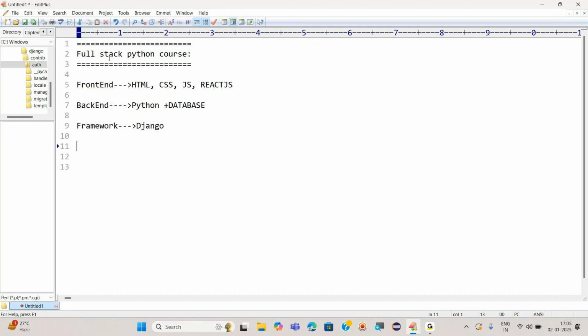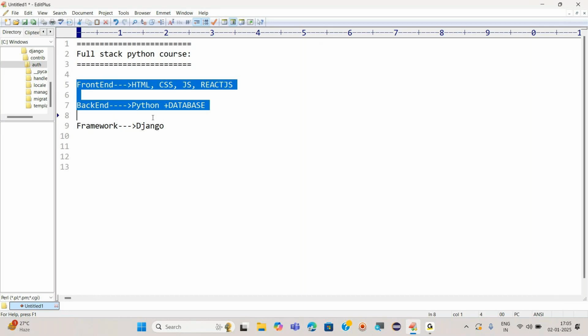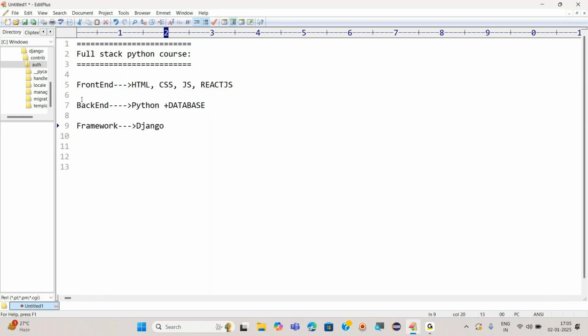This is the curriculum we are going to follow. First we start with Python itself, which is going to take almost 2.5, or I would say 3 months.